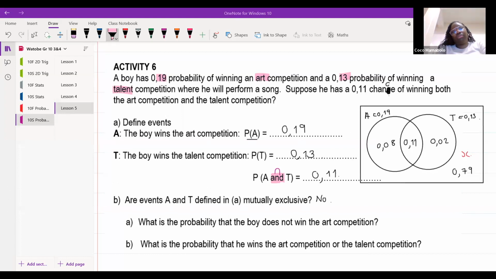Yes, he can win both. What if his talent is painting? What if he goes on stage and starts painting someone in the audience? He can win both the art competition and the talent competition. So they're not mutually exclusive because they can both happen at the same time.